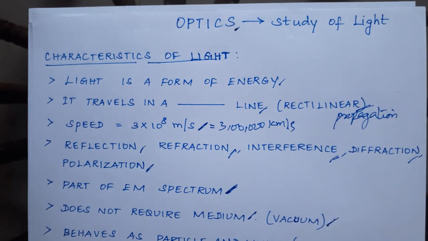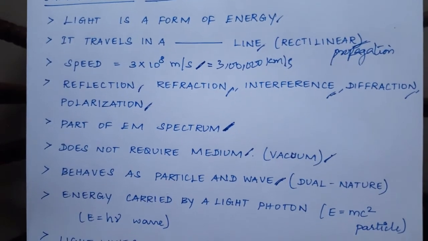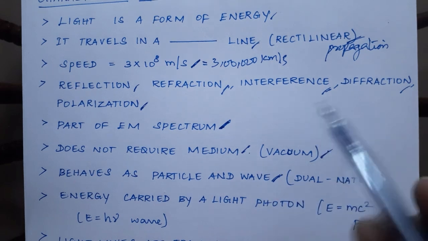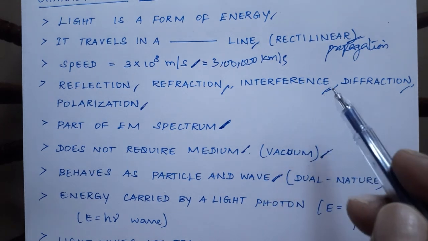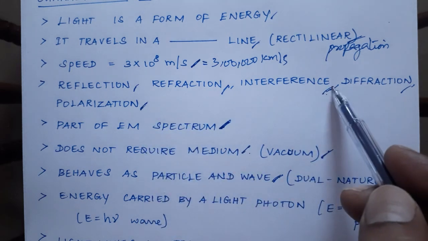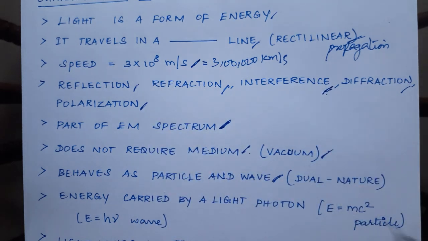Now, light behaves as a particle and as a wave. In some energy regions, it acts like a particle, and in other energy regions, it behaves like a wave. Phenomena like interference, diffraction, and polarization are possible only when light behaves like a wave.